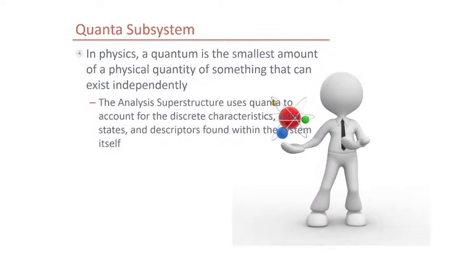Now, the quanta subsystem. So in physics, a quantum is the smallest amount of something. And so in our analysis superstructure, we use the idea of quanta to account for discrete characteristics or states that the behavior will or will not be in, depending on how those conditions are or are not met. If this sounds like a use case, then you're not far off.